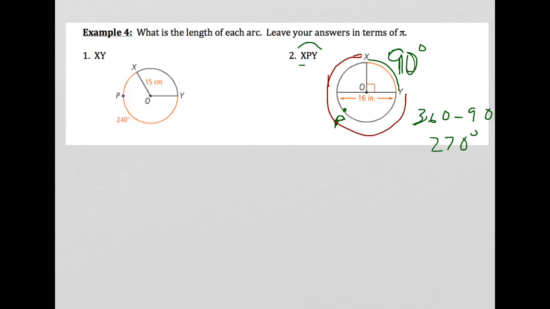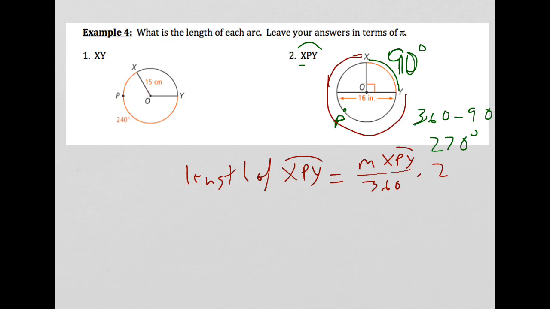To figure out the length of that arc, we take the measure, which we already did, divided by 360 times the circumference. Because once again, this gives us a fraction of the circle, and then we multiply that by the length around the entire circle.